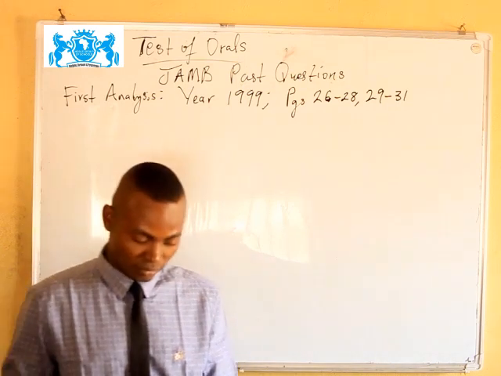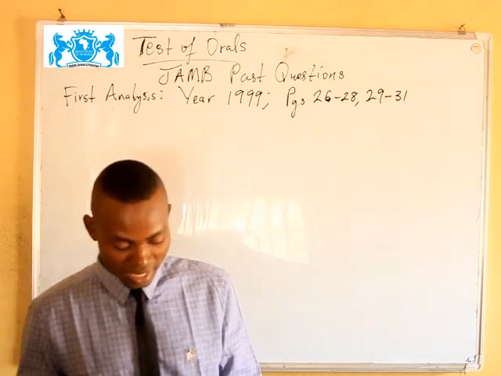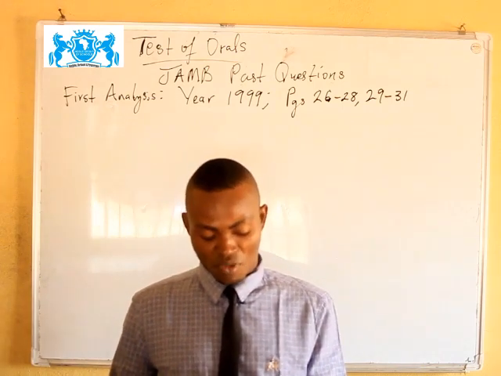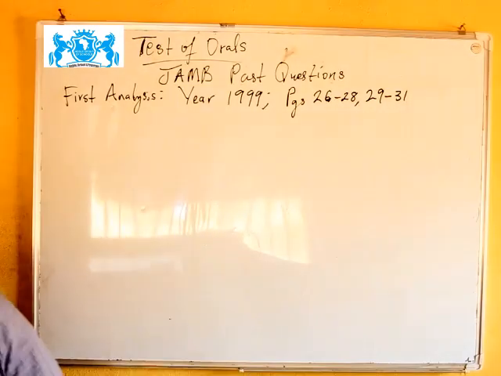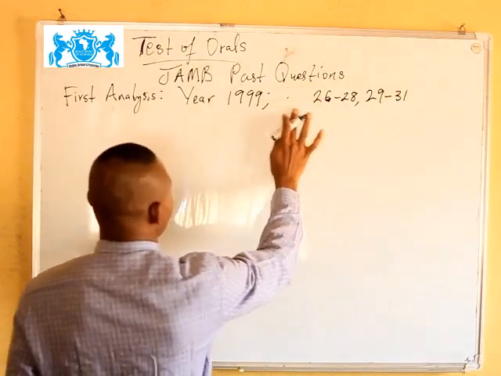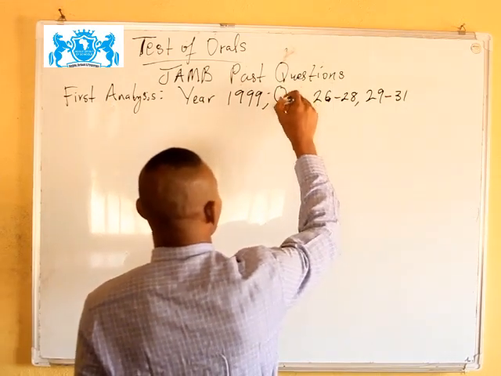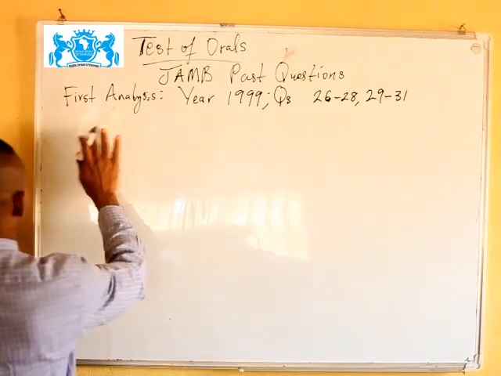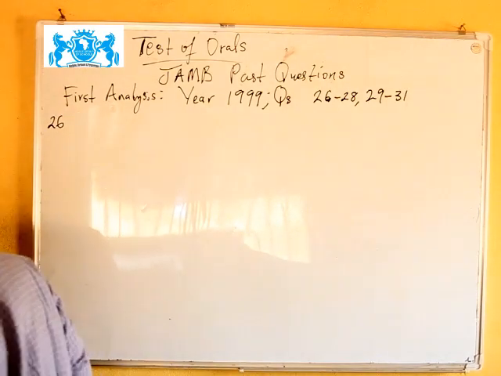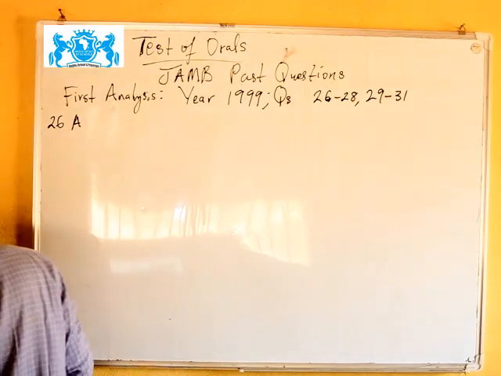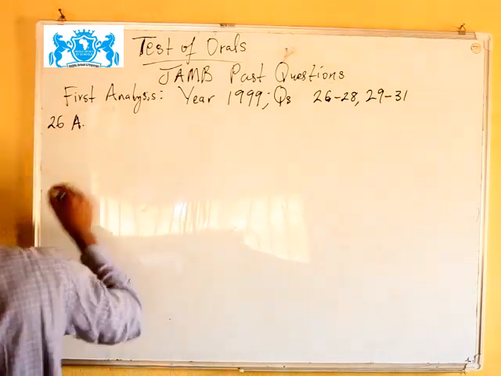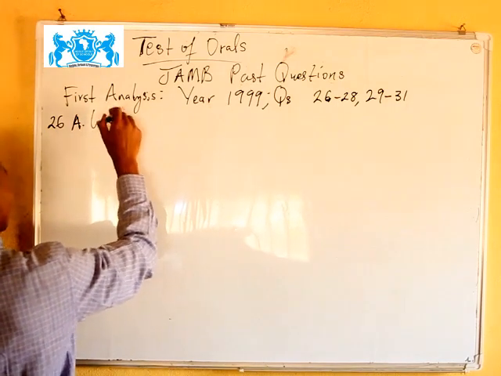Question says, in each of questions 26 to 28, choose the word that does not have the same vowel sound as the others. We have number 26. A, we have L-O-O-T.